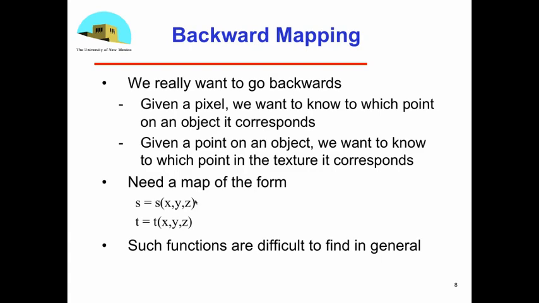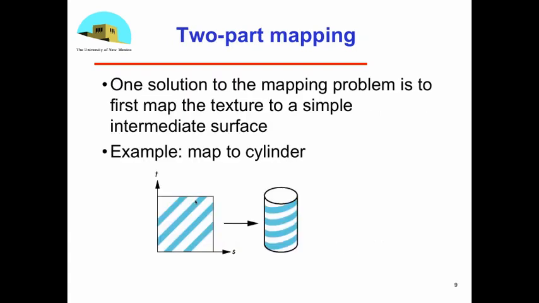And that's, unless you have special cases, really difficult to do, and we got to figure out how to get around that problem. So here's a sort of a traditional way people did this. They used what's called a two-part mapping, and we'll actually see that when we start talking about cube maps a little later on that actually use the same idea.